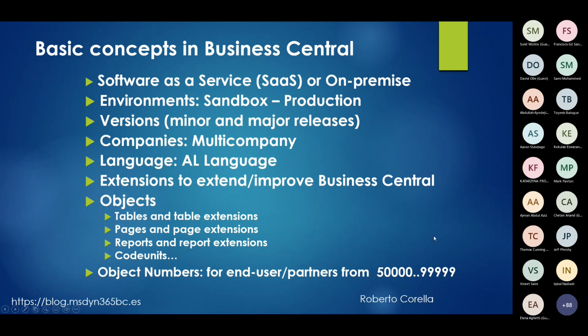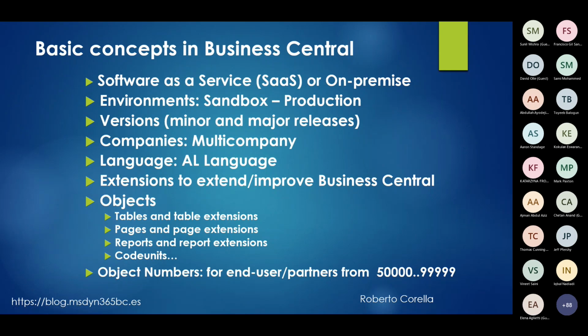Okay. If you are a partner and you want to create your extension for AppSource, you can put your extension in AppSource, and then you must ask Microsoft to give you a special ID range for your company, right? It's not possible to use this ID range in AppSource.